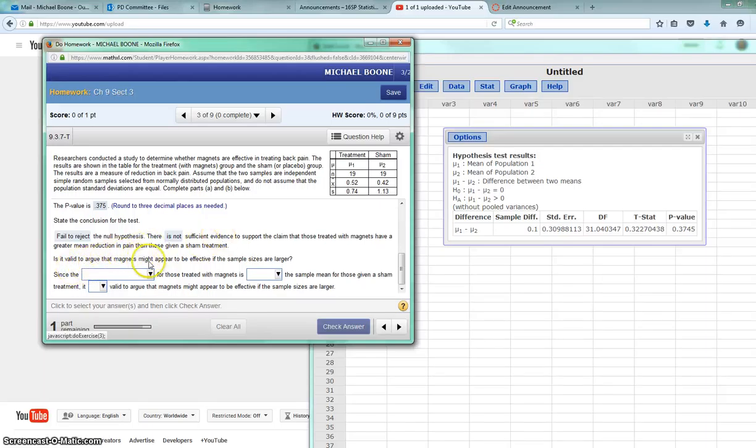Is it valid to argue that magnets might appear to be effective if the sample sizes are larger? Let's see. Is it valid to argue that magnets might appear to be effective if we had larger sample sizes?